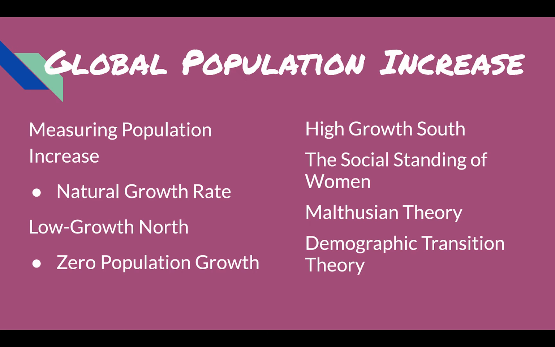And really what this means is it's about the level of reproduction that's happening within that society. So a low growth north, right, this concept is that there's often zero population growth in some nations within the north, largely high income nations like the US.